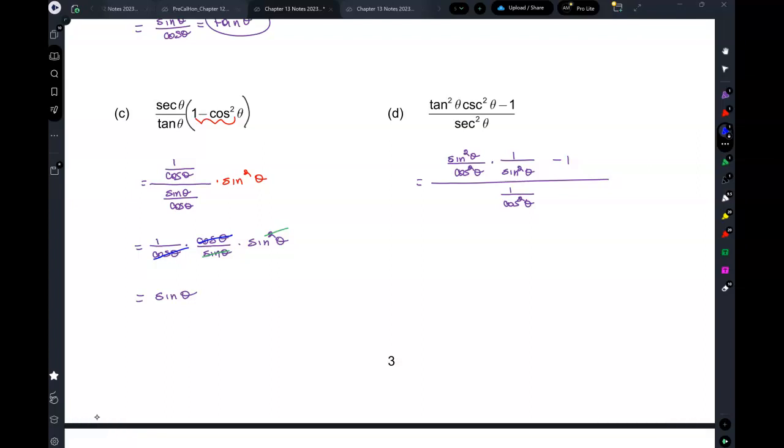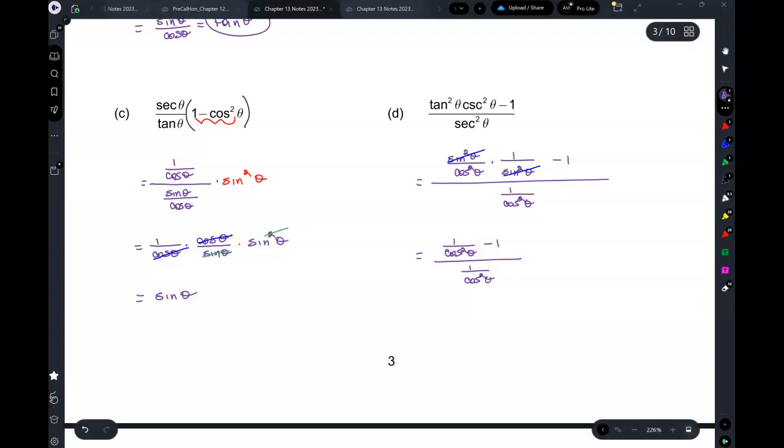Sine squared and sine squared will cancel out. What do I have now? I have 1 over cosine squared theta minus 1 over this. Now, this doesn't look very pretty. But what's 1 over cosine squared? Secant squared theta. This is secant squared theta minus 1 over this.